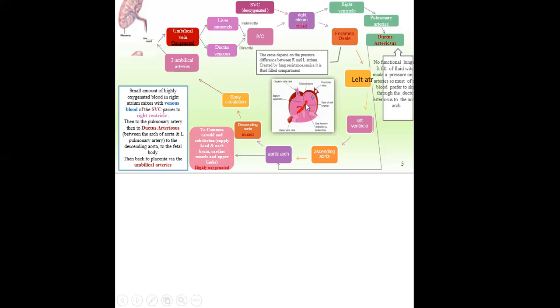From the left ventricle, it goes through the aorta to the body, which we discussed in the previous slide. The crossing depends upon the pressure difference between the right and the left atrium.